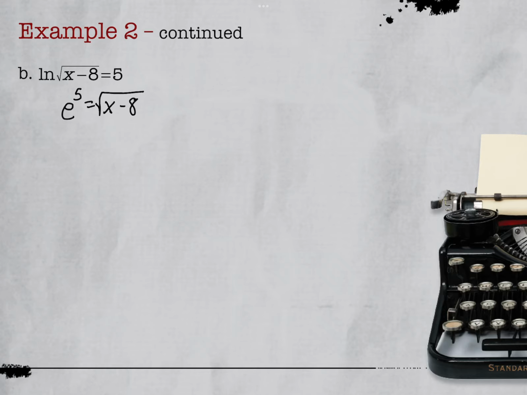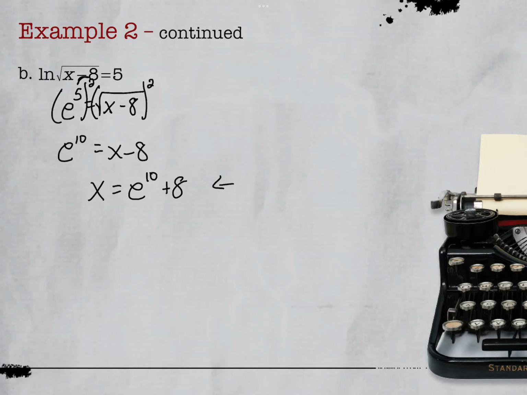Now we need to solve for x. So to undo a square root, we're going to square both sides. So remember, when I have an exponent to an exponent, this would be e to the 10th equals x minus 8. So solving for x, I would get e to the 10th plus 8. So this right here is our exact answer.